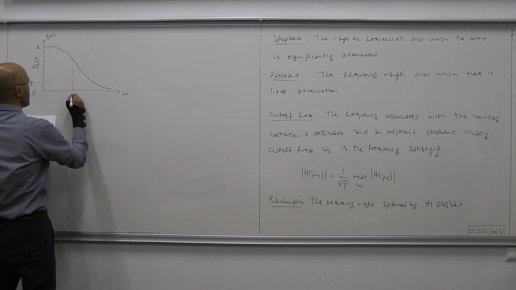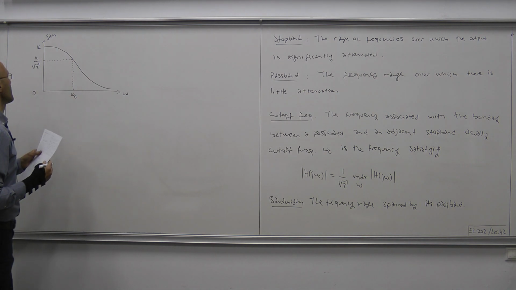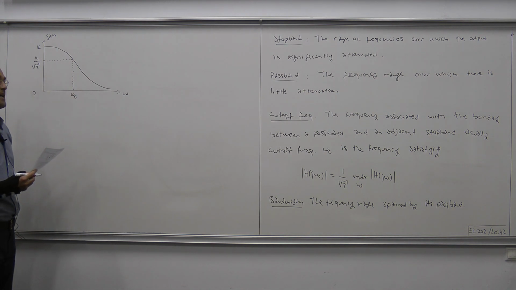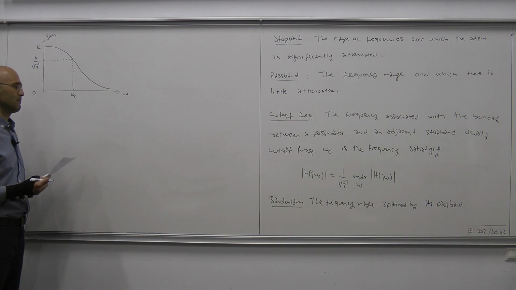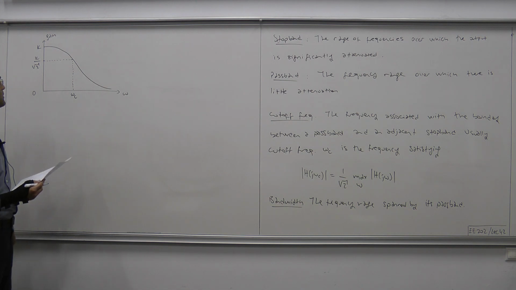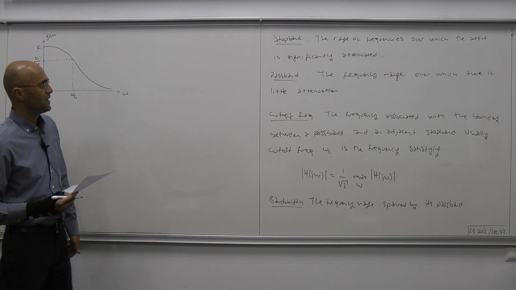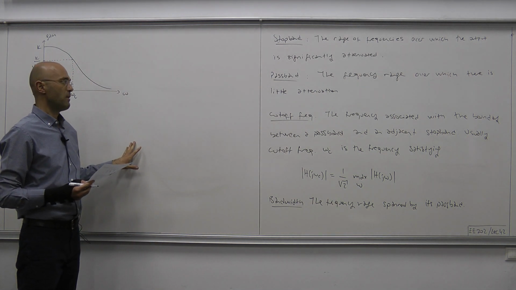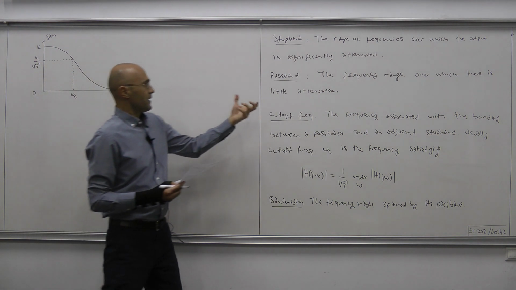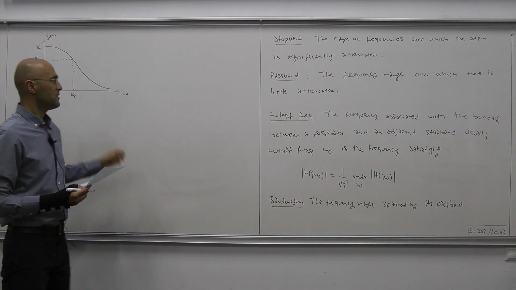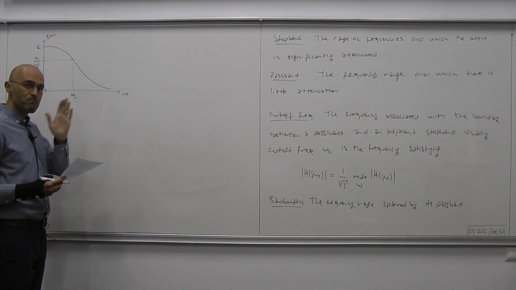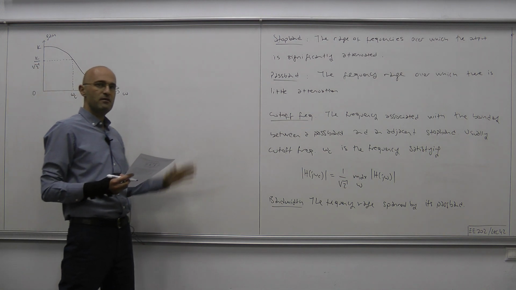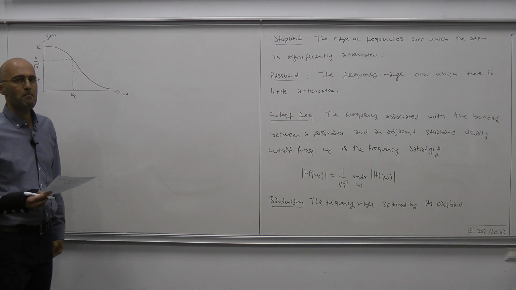So this therefore is the cutoff frequency for this gain characteristics. Now having figured out the cutoff frequency, we can easily determine what's stopband and what's passband. So cutoff frequency is the frequency that marks the border between stopband and passband.